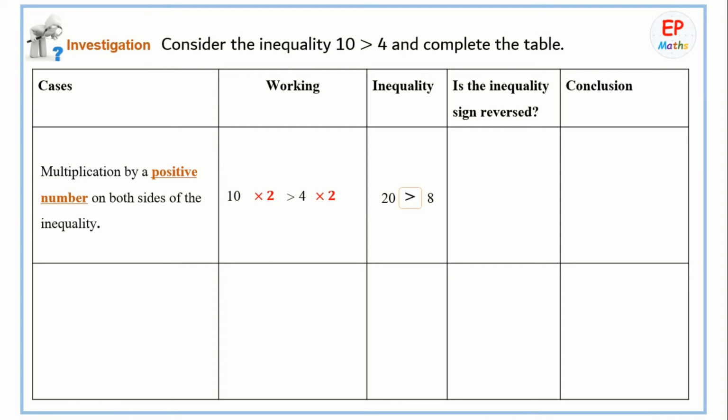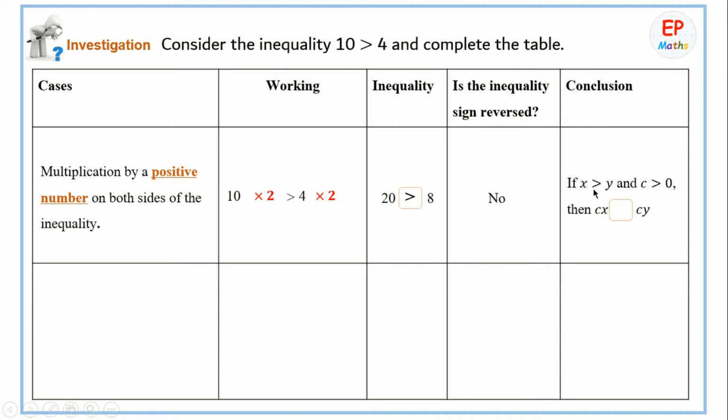Has the inequality been reversed or not? You can see here, initially it was more than, and even here it is more than. So the inequality has not been reversed. So what's our conclusion?